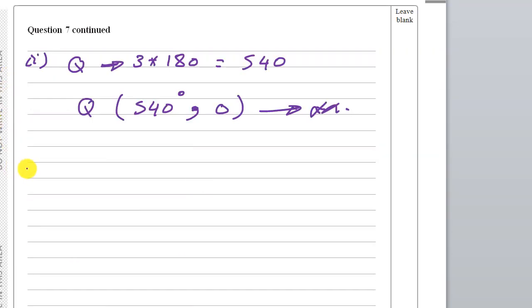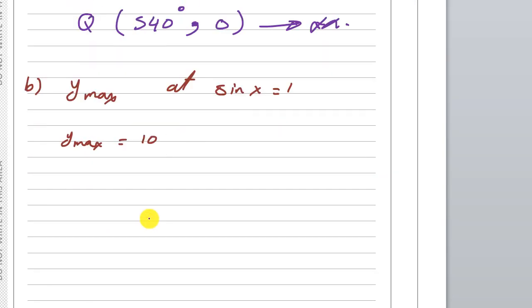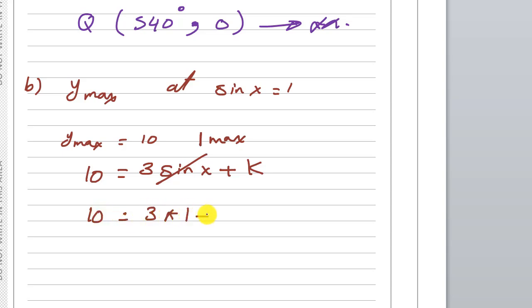So this is part B. Y is maximum at sine x equal to 1. So y maximum is equal to 10. So 10 is equal to 3 sine x plus k. Sine x is equal to 1 at the maximum. So 10 equals 3 multiplied by 1 plus k.